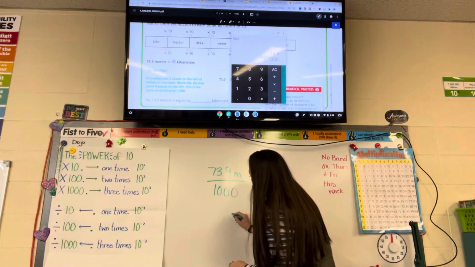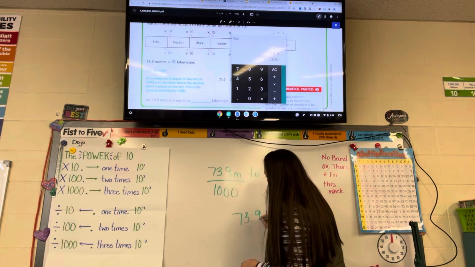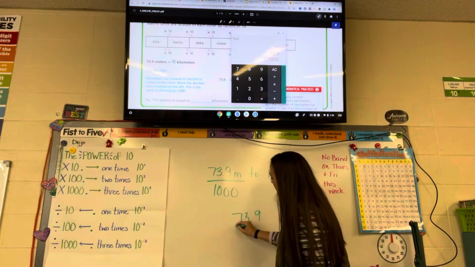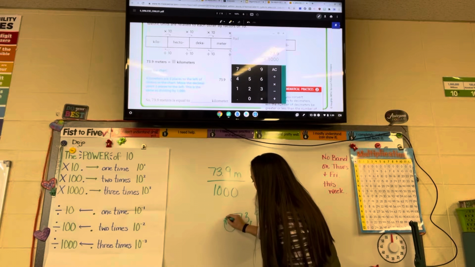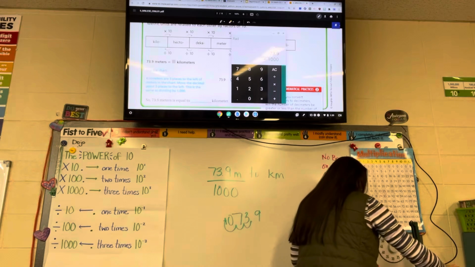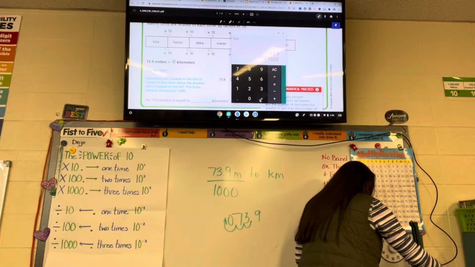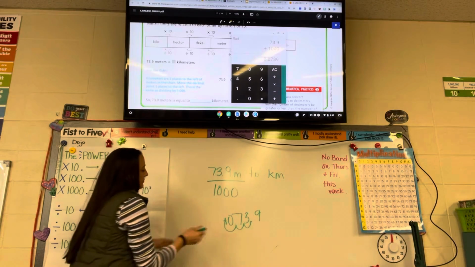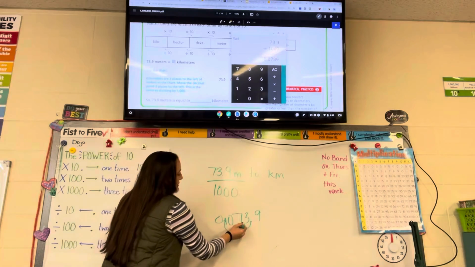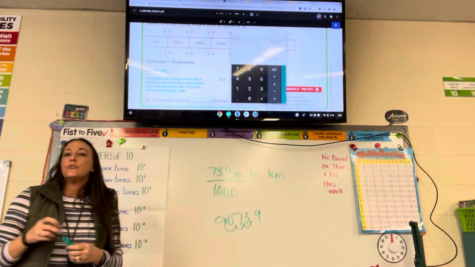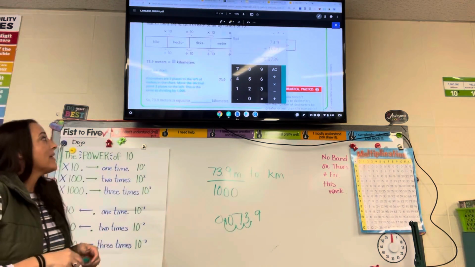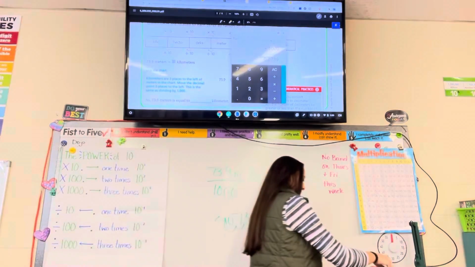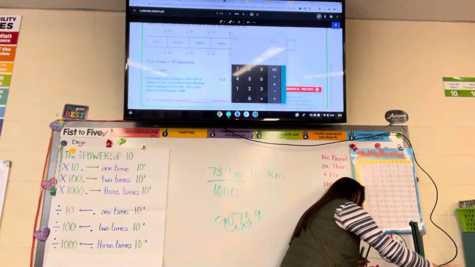So we're going to do this, 73.9, we're going to move it 1, 2, 3 times. It's going to end up right here. Let's see if we're right. 0.0739, so it's 739 10,000ths.